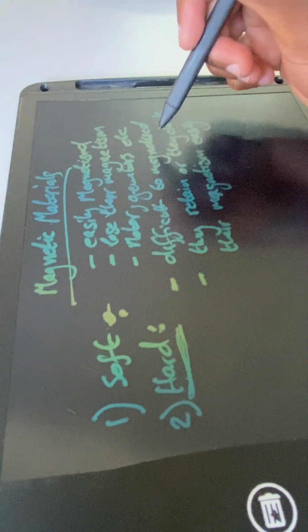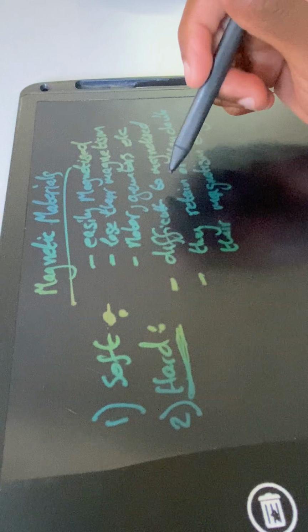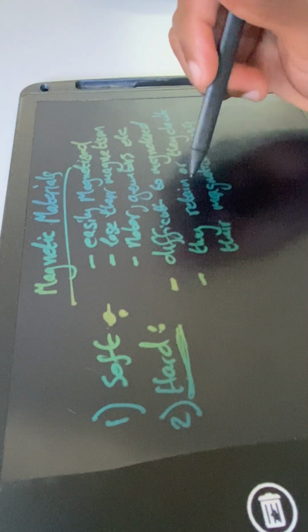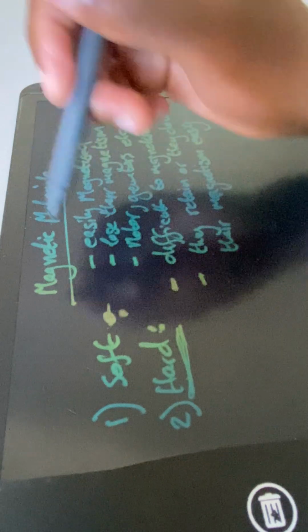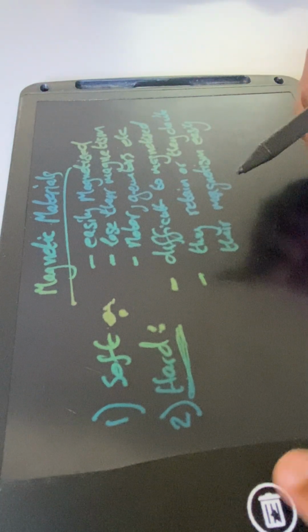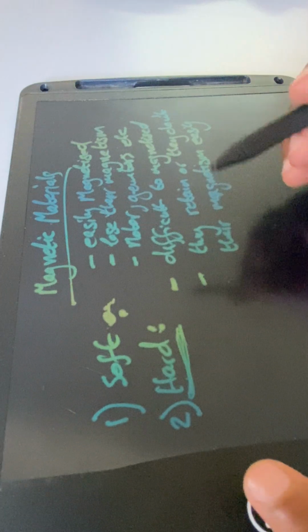As much as it's difficult to magnetize, it can retain its magnetic properties longer than the soft magnetic materials. So that's one thing. So now let's get into what really magnetism is all about.